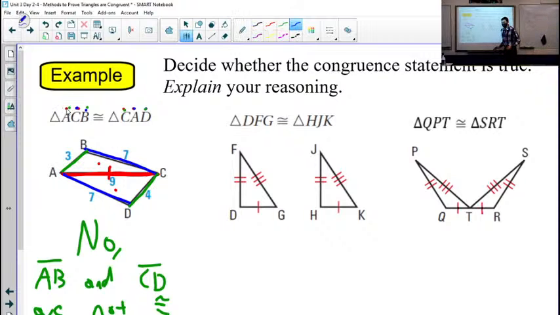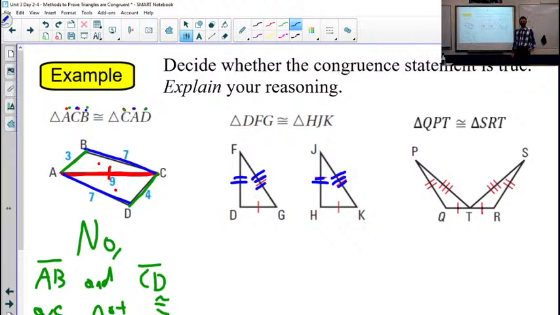Next one. I'm going to go quicker this time. I'm going to match up my 3 sides. D to F, first 2 letters, and H to J, first 2 letters. There's my first pair of sides. They have the same tick marks, so they're congruent. Then last 2 letters F to G and last 2 letters J to K. So that is these sides.